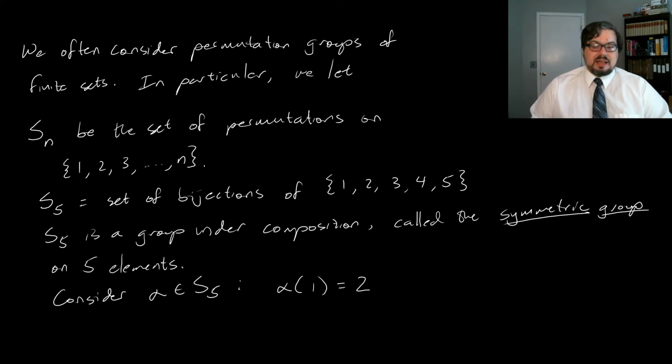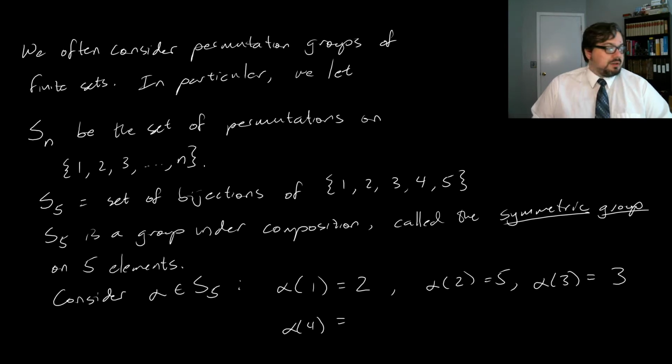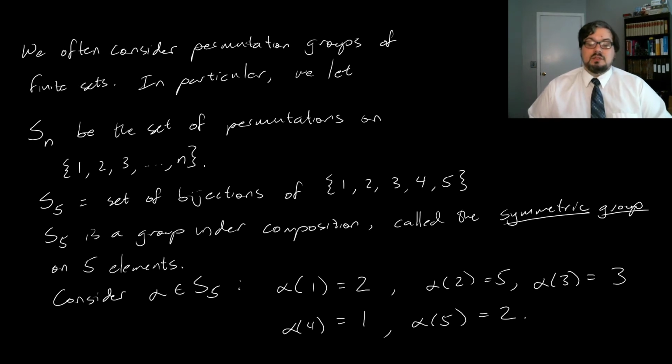So we could take alpha of 1 to be 2, alpha of 2 to be 5, alpha of 3 to be 3, alpha of 4 to be 1, and alpha of 5 to be 4. That's an element of S5, the symmetric group on 5 elements. It's simply a bijection going from the set 1, 2, 3, 4, 5 back to itself.